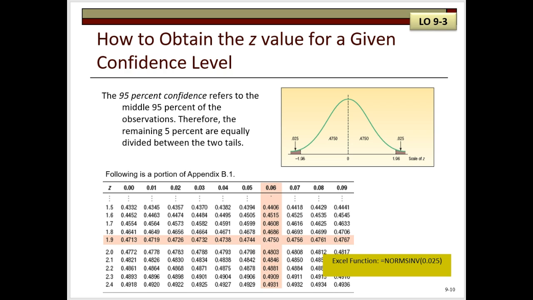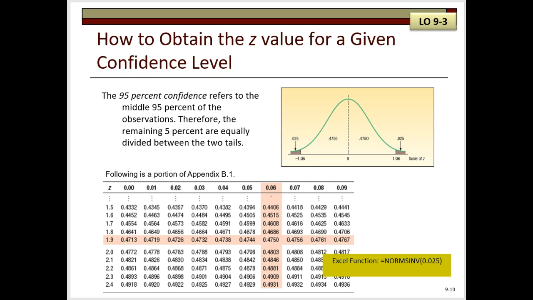A 95% confidence interval estimate means that the middle 95% of the observations lie within the upper and lower interval limits. Therefore, the remaining 5%, which is the difference between 100% and the confidence level of 95%, is equally divided between the two tails. As such, 2.5% is on one tail and the other 2.5% is on the other tail of the distribution.